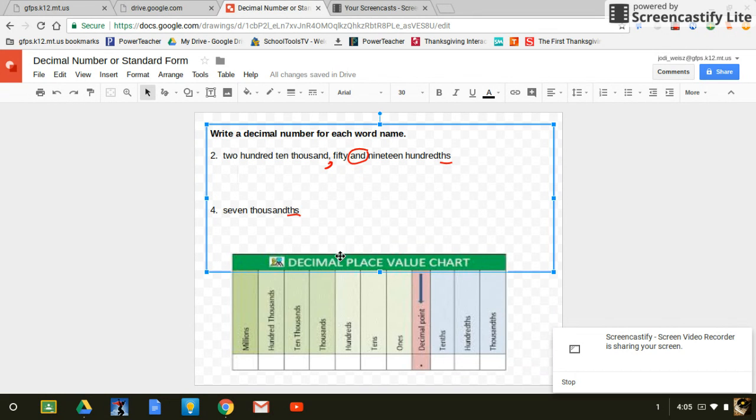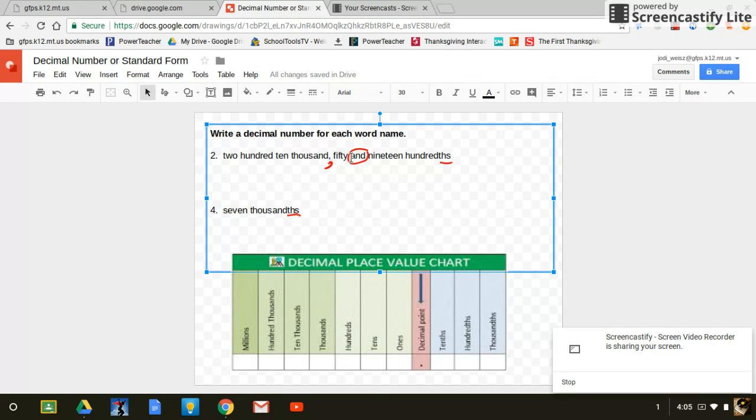As you can see down below, I have the decimal place value chart, just in case you need a little bit of a reminder what the place values are to the right of the decimal and to the left of the decimal. Anytime we see the word and, I have that circled in bright red because I'm going to pick out some keywords and ideas here in each of these number words.